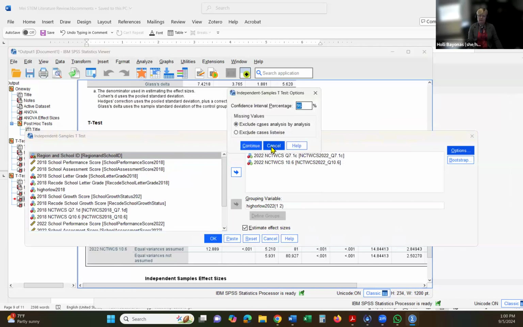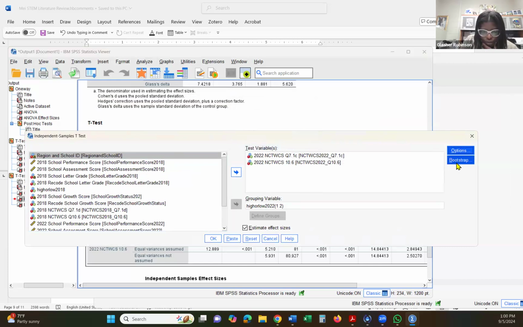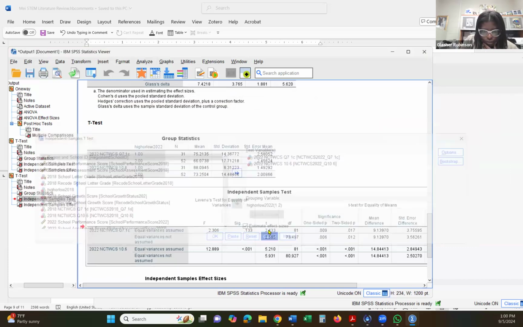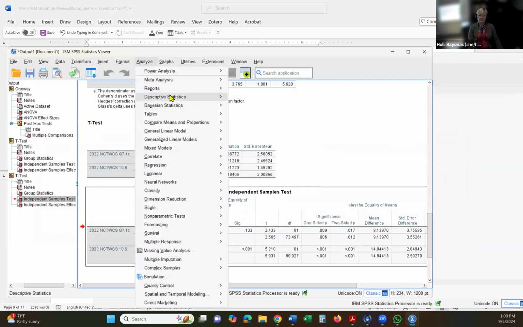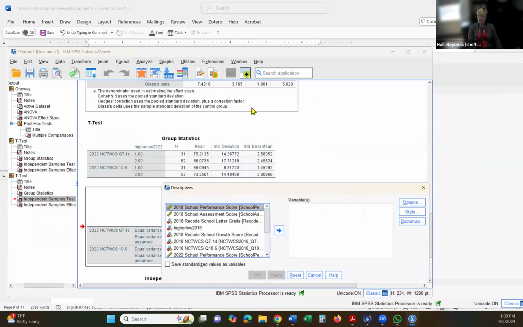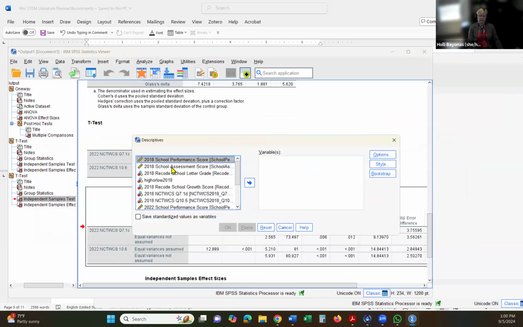No, maybe that's just the ANOVA then. No. Okay, that's fine. Descriptives. So we need, yeah, this and this. And here's where we have to split the file to get it by met and not met.